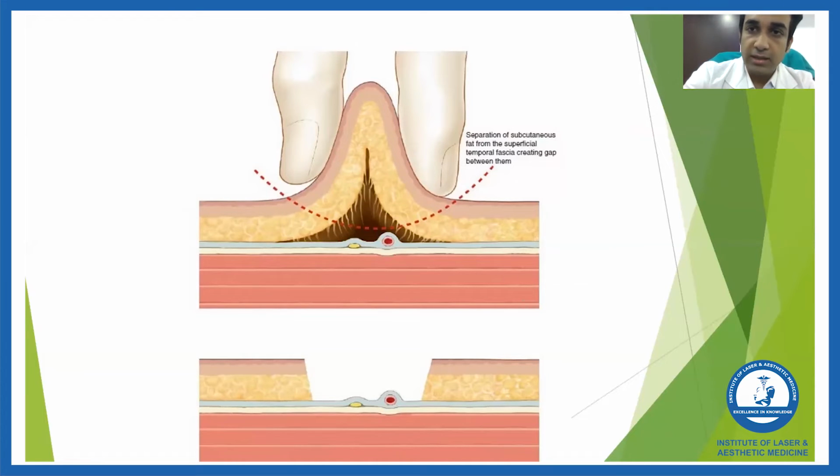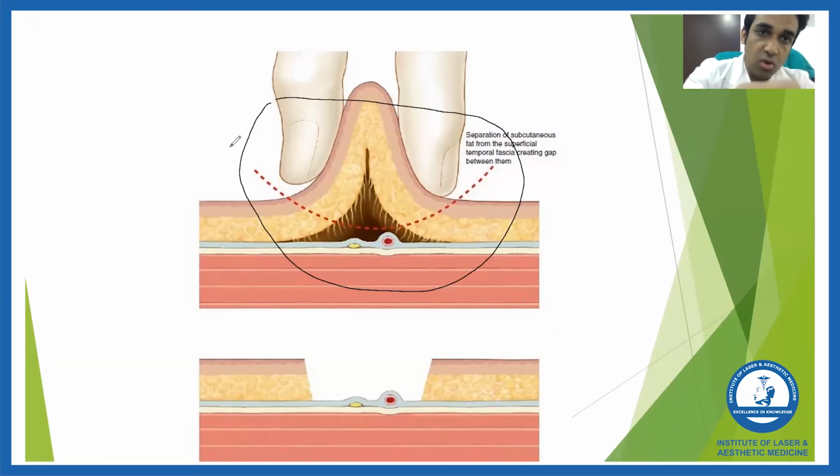If you look at this diagrammatic representation, such a beautiful diagram this is. What I have been teaching you now is called pinch anatomy. I want you to know that when you're pinching this area, what all structures are lying beneath these two fingers, right?